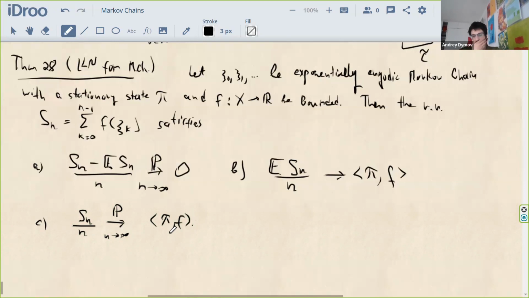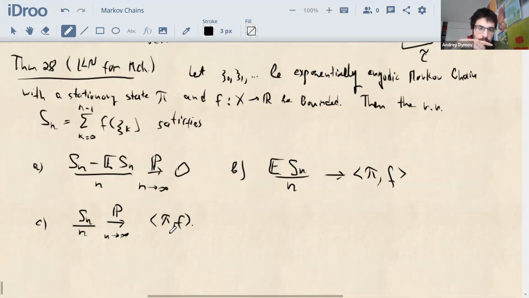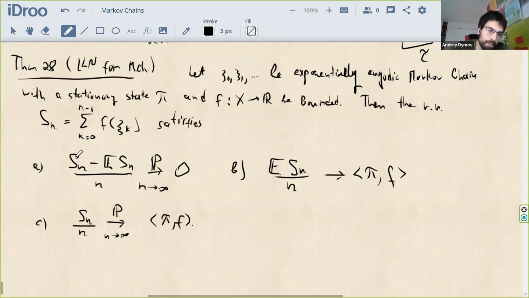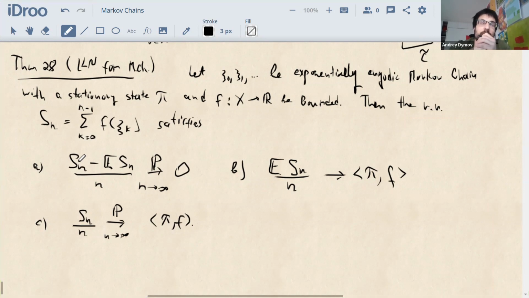So now let us look at this theorem. You see, this is indeed close to the standard law of large numbers. Let us compare it with the standard law of large numbers in its simplest form for identically distributed random variables.